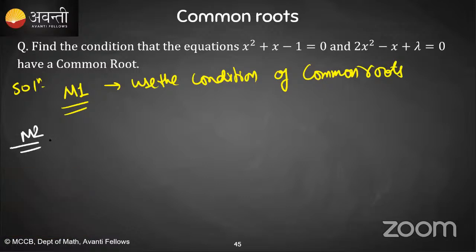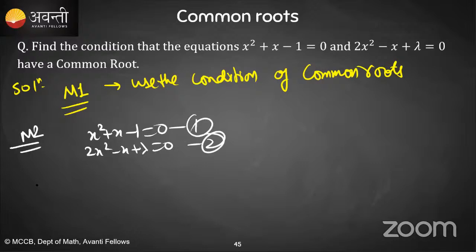Method two: both have the same root. So x square plus x minus 1 is equal to 0 and 2x square minus x plus lambda is equal to 0. There is an x such that it is satisfying these two equations. Let's call these equation 1 and equation 2. What I'm doing is equation 2 minus 2 times equation 1.